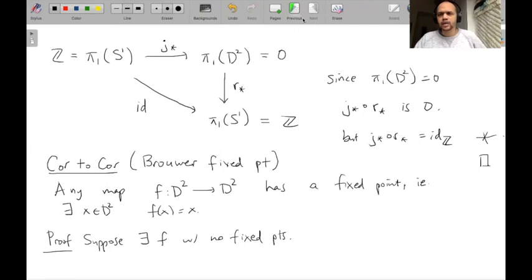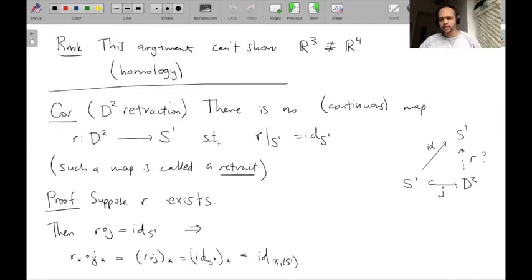The strategy is, given f with no fixed points, we want to construct a retract, a continuous map from the disk to the circle, which is the identity on the circle.